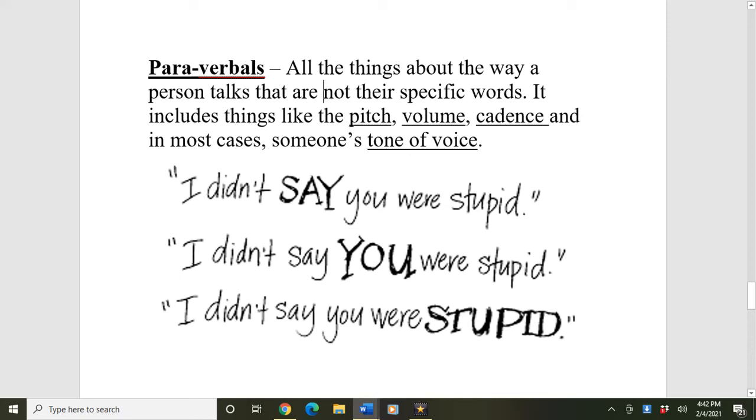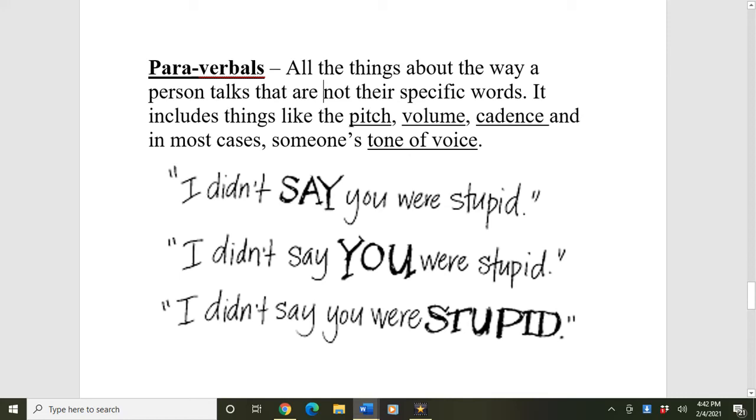And if you look at my example that I've got down here, there are 3 sentences that have the exact same words but have 3 very different meanings. In the first one, it says, "I didn't say you were stupid." And what that means is that even though I didn't say you were stupid, I still think that you're probably stupid. In the next one, it says, "I didn't say you were stupid," which means maybe they think that somebody else is acting dumb or doing the wrong thing.